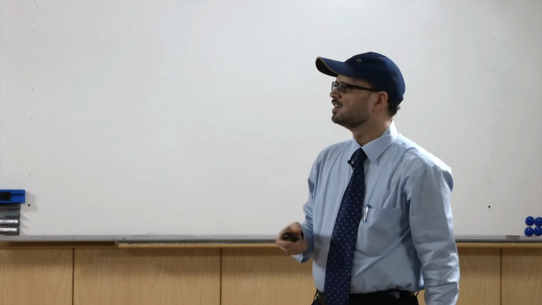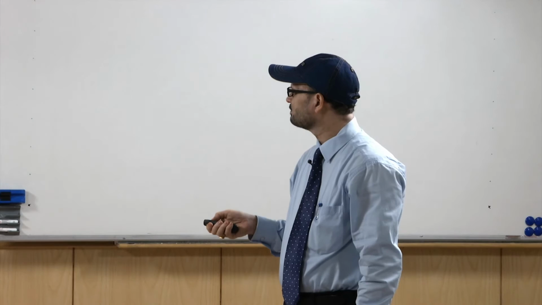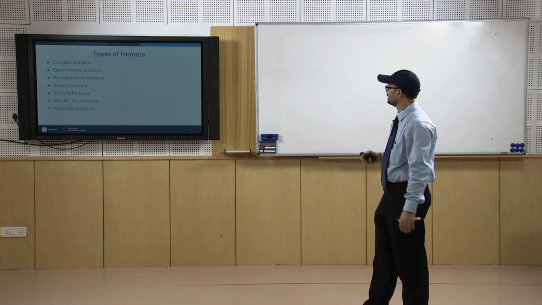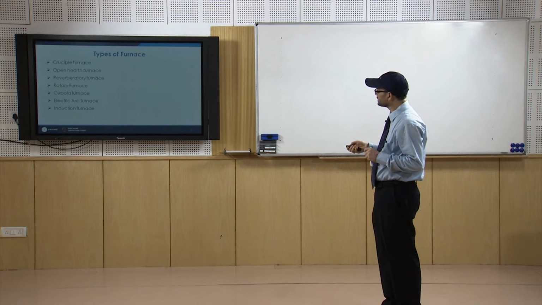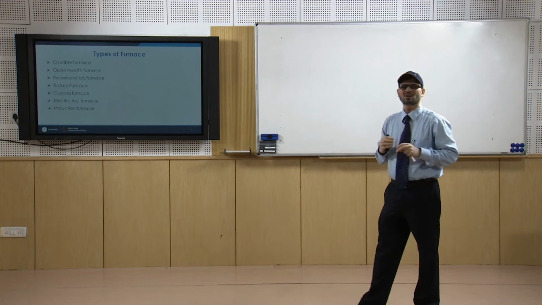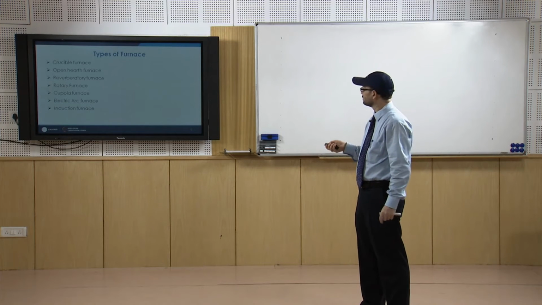These are the two furnaces based on electricity. In the electric arc furnace you use an arc to melt the metal. You may have a direct arc or an indirect arc: the arc is either in direct contact with the metal or not. The resistance offered by the charged metal is also involved, so these are electric arc furnaces.